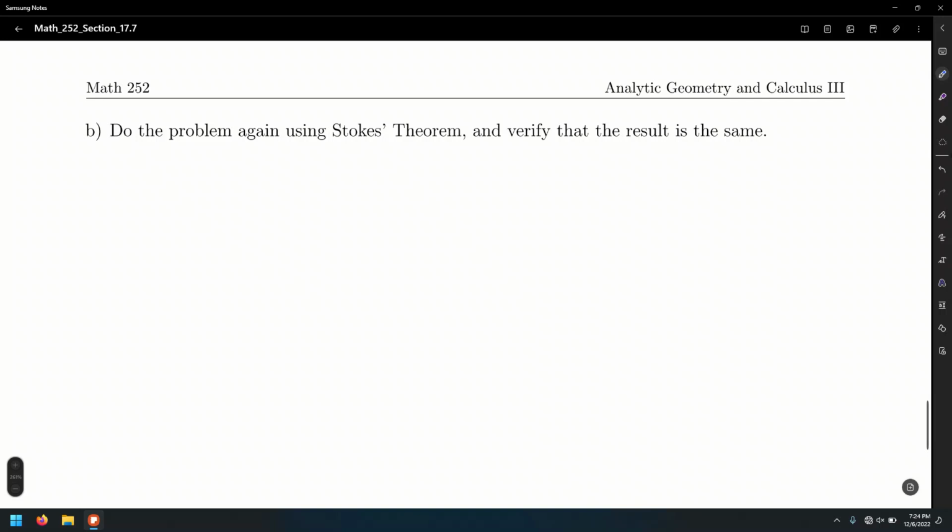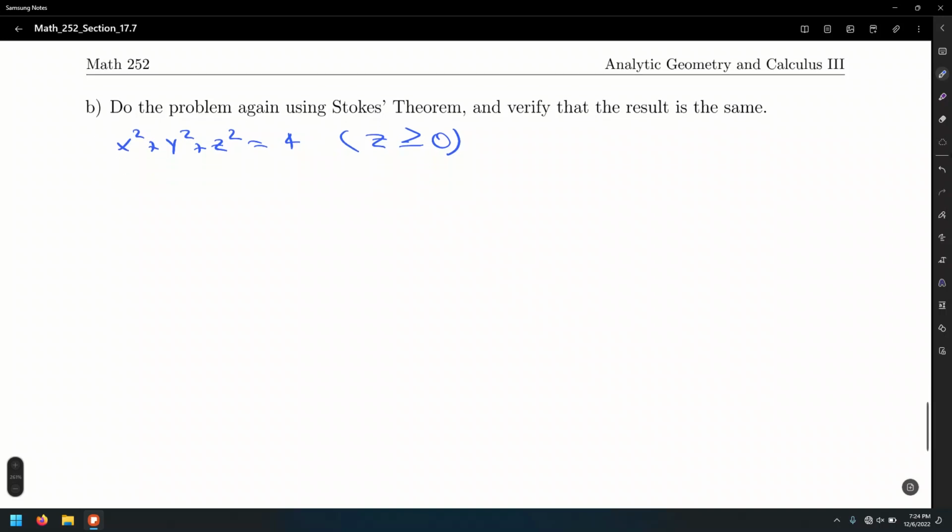Okay, it was a hemisphere in this case. So x squared plus y squared plus z squared equals 4, but with the condition that z is greater than or equal to 0. That's what denotes that we're working on the upper hemisphere. All right, so let's solve the equation for z.